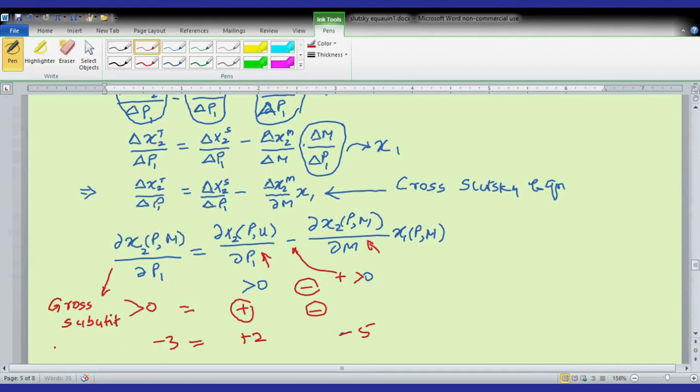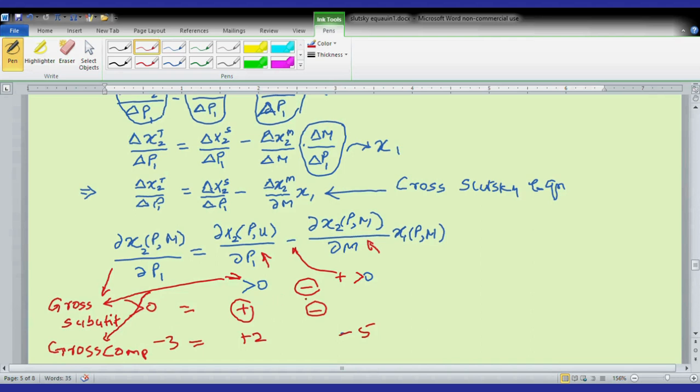They are known as gross complements, remember. So while the good is a net substitute, the good might be a gross substitute or it might be a gross complement, depending upon whether the income effect dominates the substitution effect or vice versa.